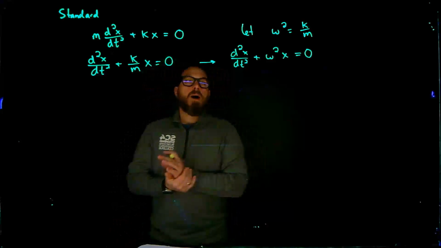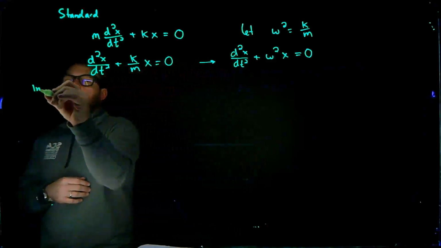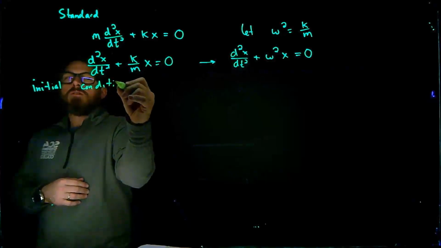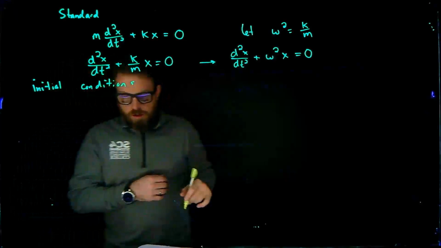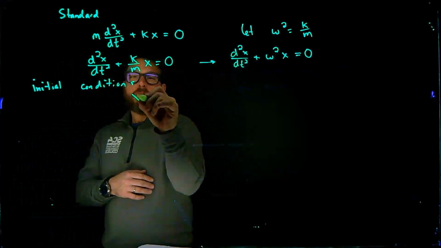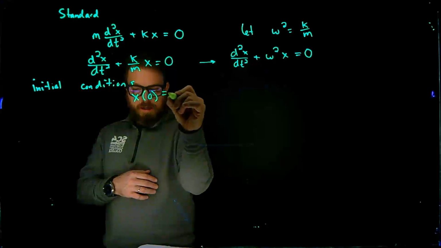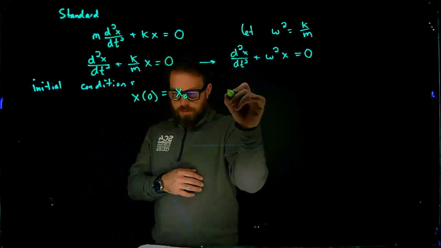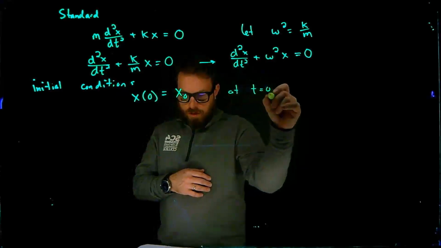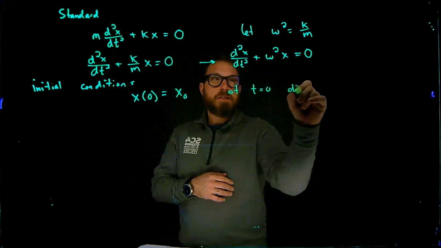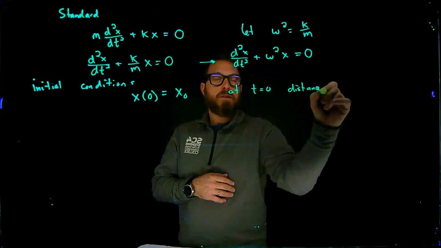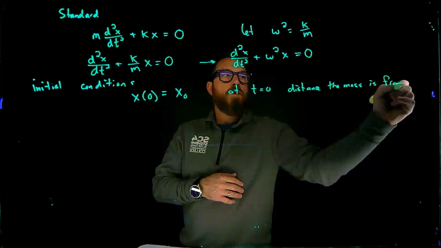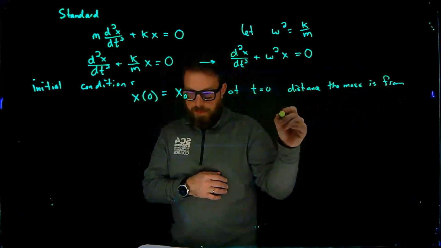Now we're going to have some initial conditions. What is the position at time 0? This is going to give us x naught. This means at t equals 0, this is the distance the mass is from equilibrium.